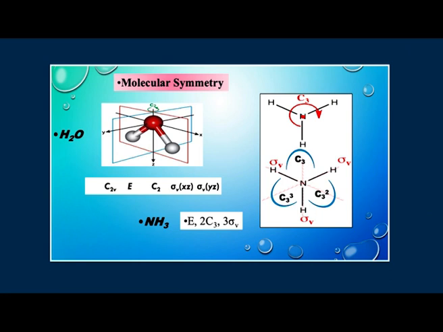If the first counterclockwise rotation of 120 degree is represented as C3, then the second counterclockwise rotation equivalent to 240 degree is designated as C3 square, and the third counterclockwise rotation, equivalent to 360 degree, is symbolized as C3 cube. Then C3 cube, or a 360 degree rotation, is a do nothing operation, right?